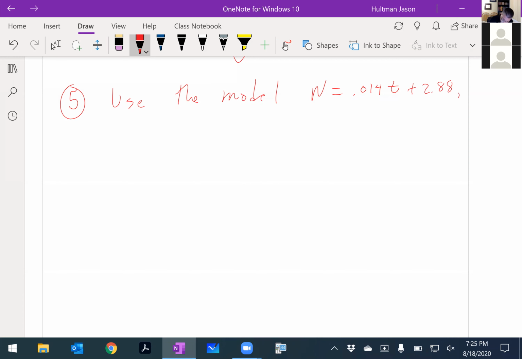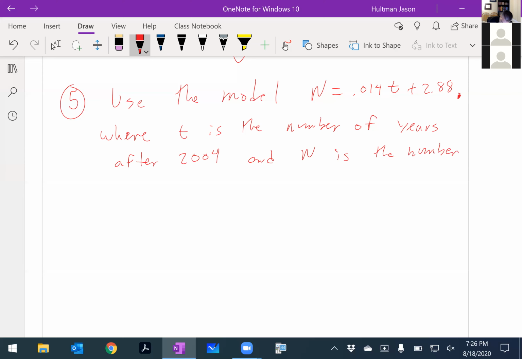Use this model, where t is the number of years after 2004, and n is the number of participants in millions of female high school athletes.